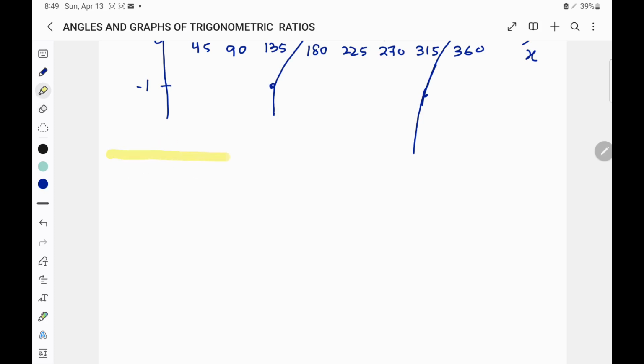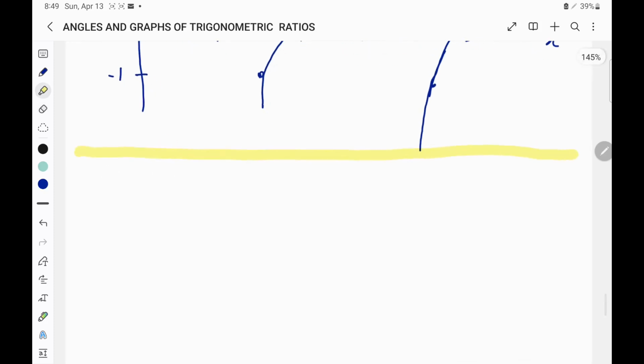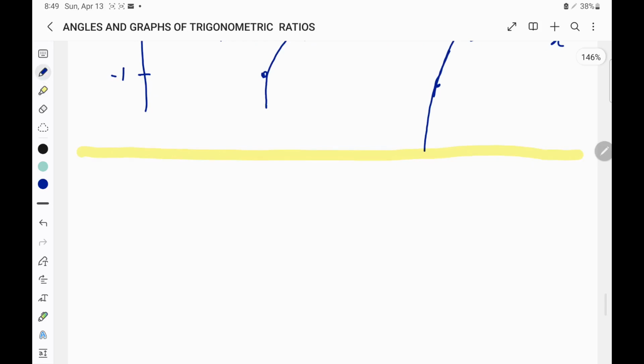I'm writing down those values here. They can come in your trigonometric ratio questions. If they give you 45, you can easily find the sine of 45, which is 1 upon square root 2, and then you can find your answer.